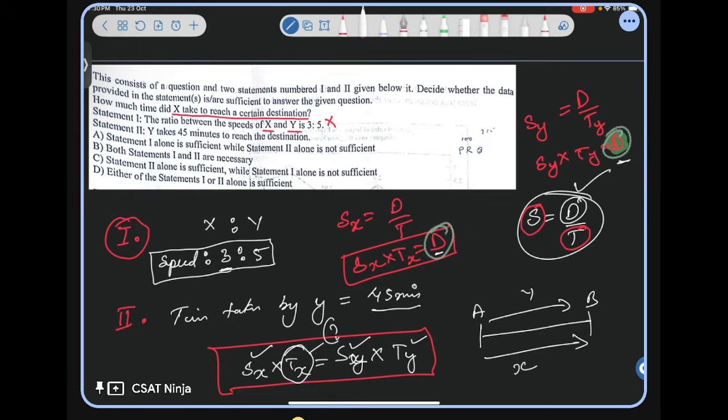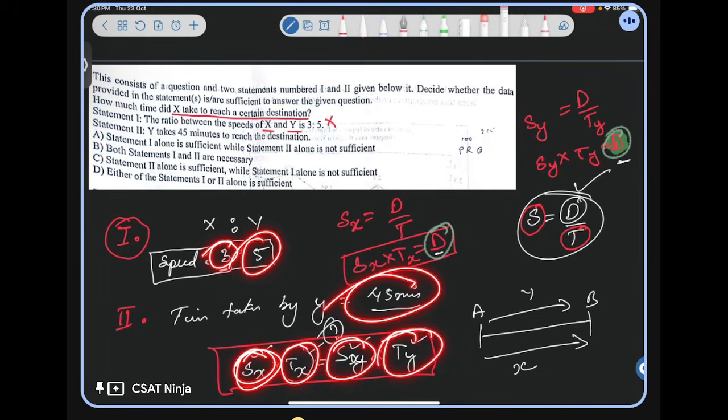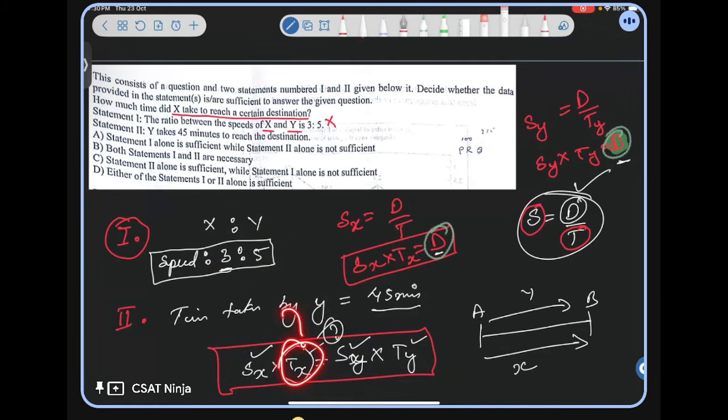In this equation we have only one unknown. The speed of X and the speed of Y are known, and the time taken by Y is given. So using these values, I can find this value easily, which means I need to use both statements. Both statement 1 and 2 are necessary to answer the question.